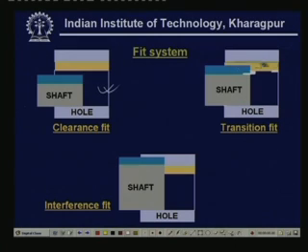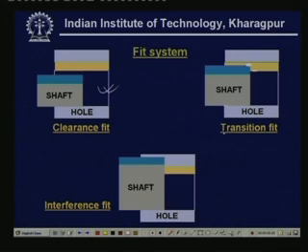In this same line, if we look into it very carefully, we can see that if the shaft dimension is this much and the hole dimension is this much, then there is an overlapping of the dimension, and this overlapping will be creating some sort of tightness in the fitting of the shaft inside the hole.